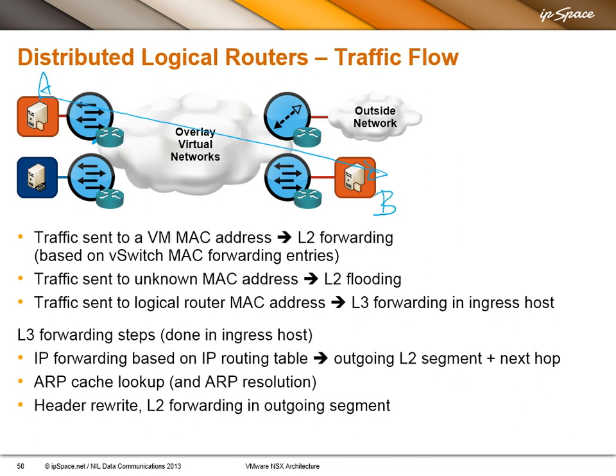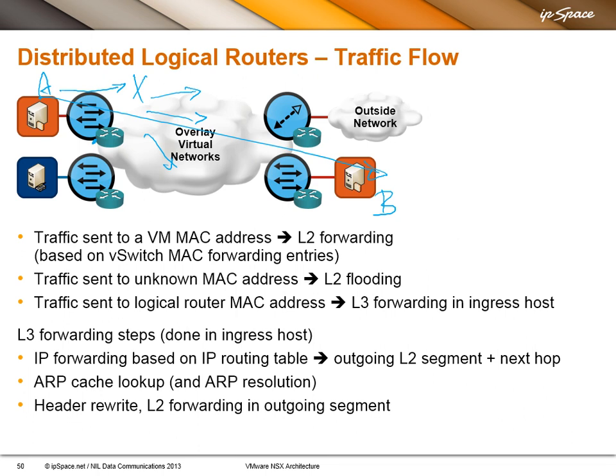Also, if A sends a broadcast, or if it sends a packet to X and we don't know where X is, this will be flooded to every hypervisor that participates in the red segment. Only if the VM sends the traffic to the logical router's MAC address, then we do layer 3 forwarding.